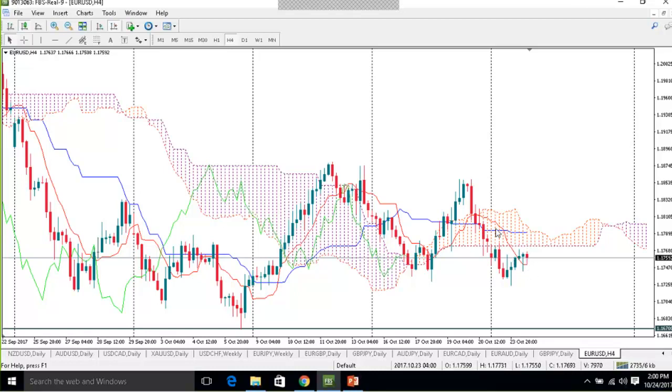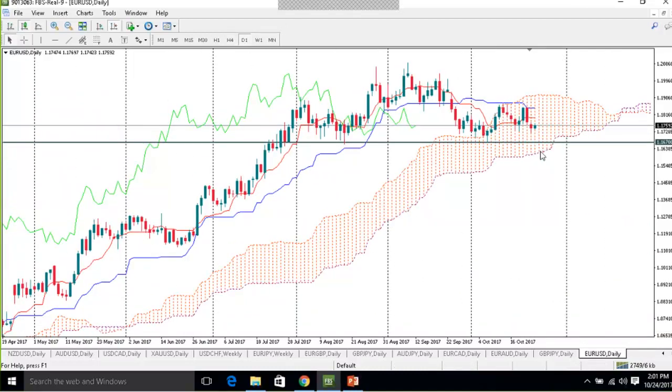So in this case, a decline below this line, I think this will be a good signal, a bearish signal here, as we have a negative setup, negative intersection, price below the cloud. It will be a negative signal, and once we get the price go down below 1.1750, the picture will change a bit.